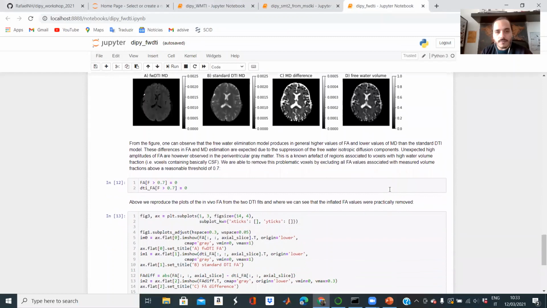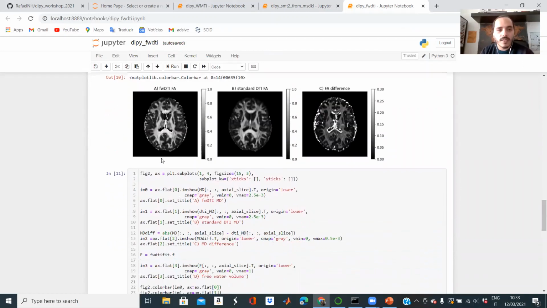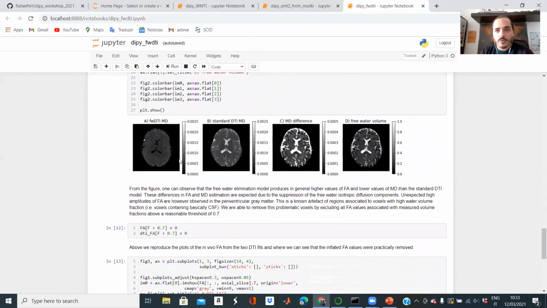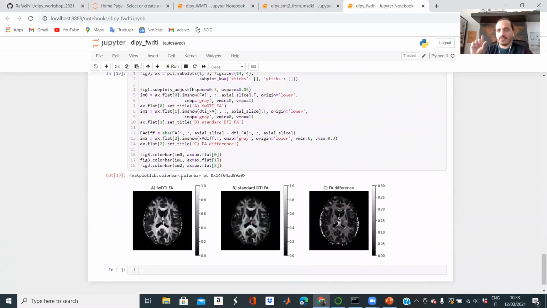Okay. Then sometimes when you apply this model, you will observe high intensities of FA near the ventricles. So you can see it here. And what I'm showing below is a strategy to remove these large FA values, because this might be caused by artifacts.